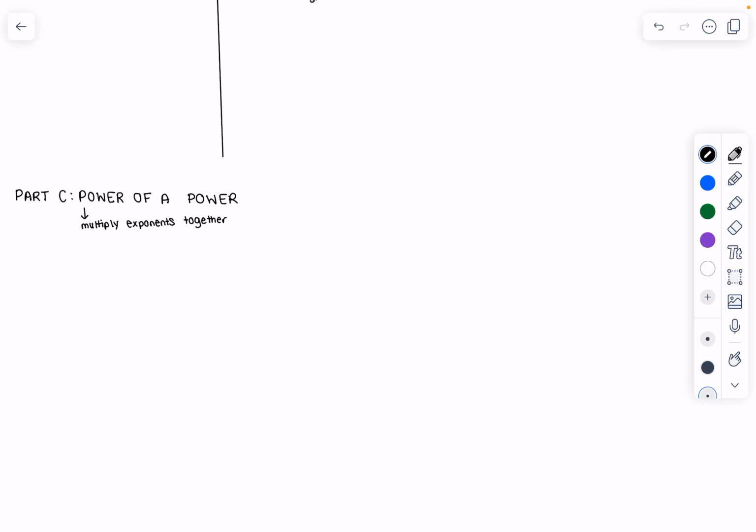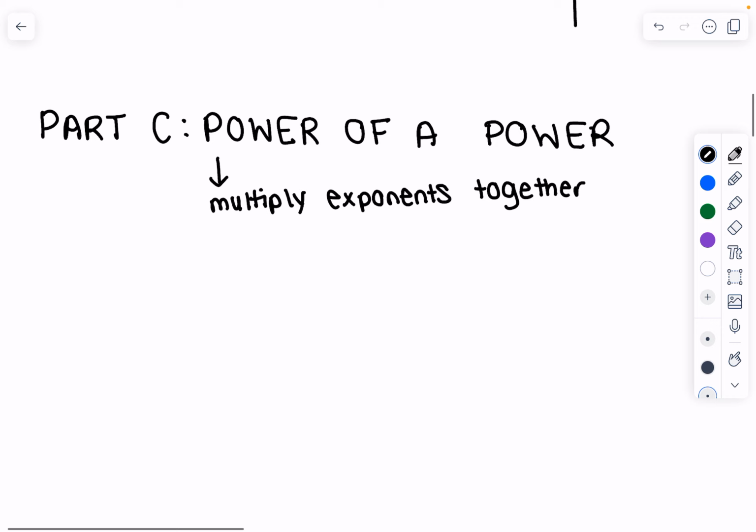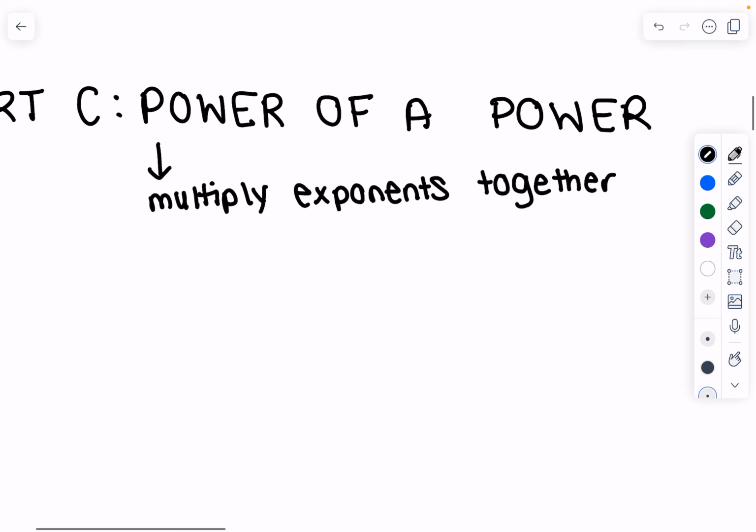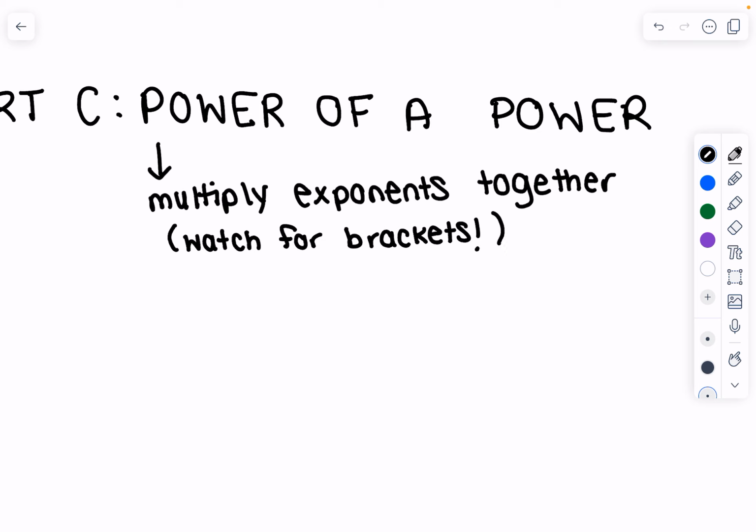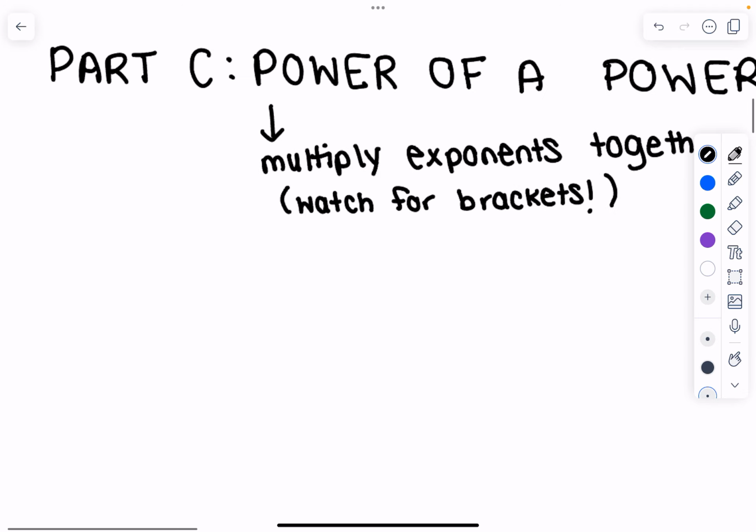This is the one area where I guess it's more true to the operation of what it's doing. So always watch for brackets. I'm going to write that down.